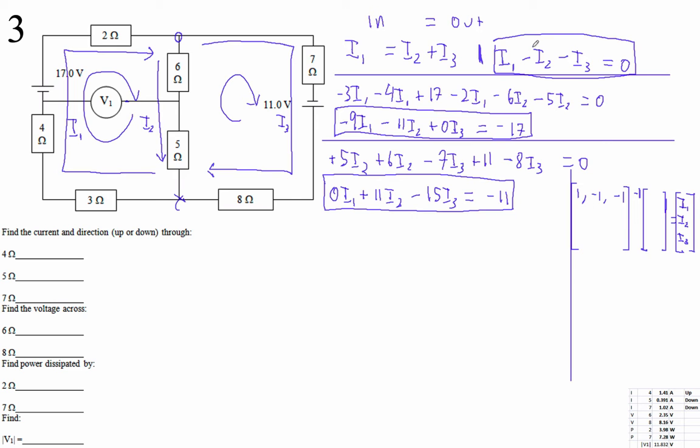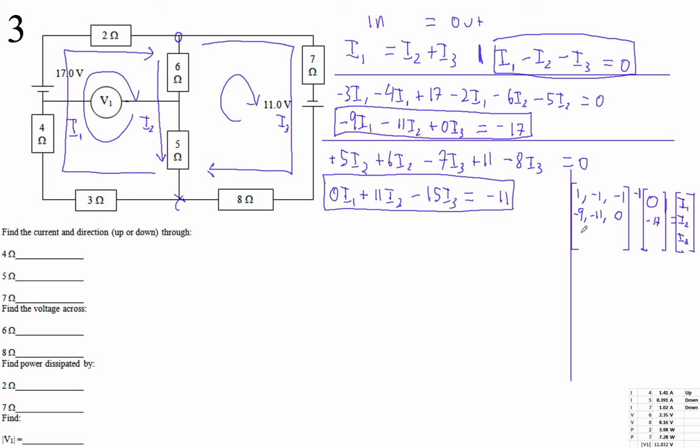That's the first row: 1, -1, -1, and then 0 is over here. Then -9, -11. Obviously, I could make all these positive, but that would mean I care. That's -17.